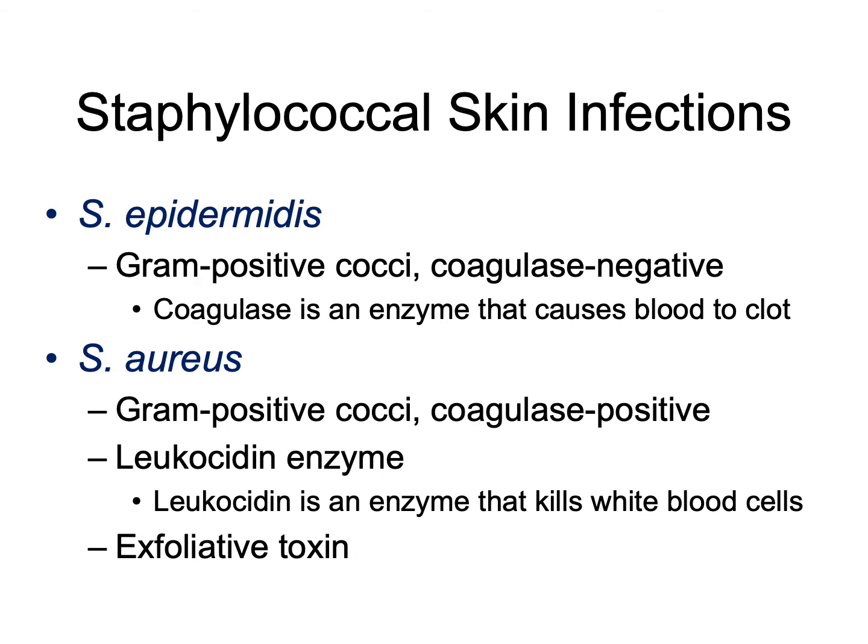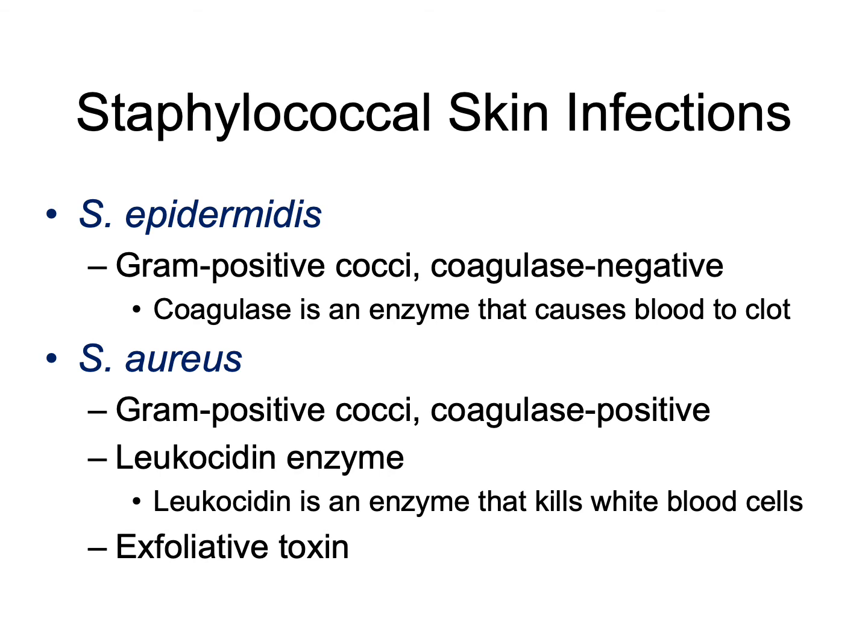Staph aureus is a gram-positive cocci that when it's tested, it's coagulase positive. So that means that it has the coagulase enzyme that causes blood to clot. It also has leukocidin. What's interesting about leukocidin is it can kill white blood cells. It's an enzyme that can kill our white blood cells.